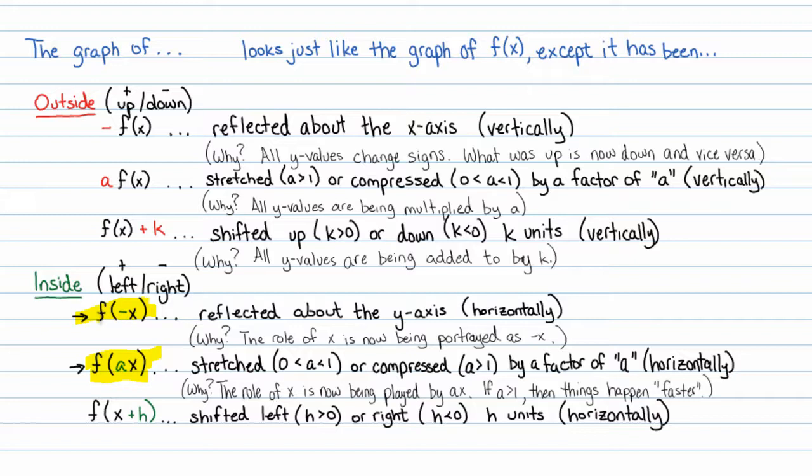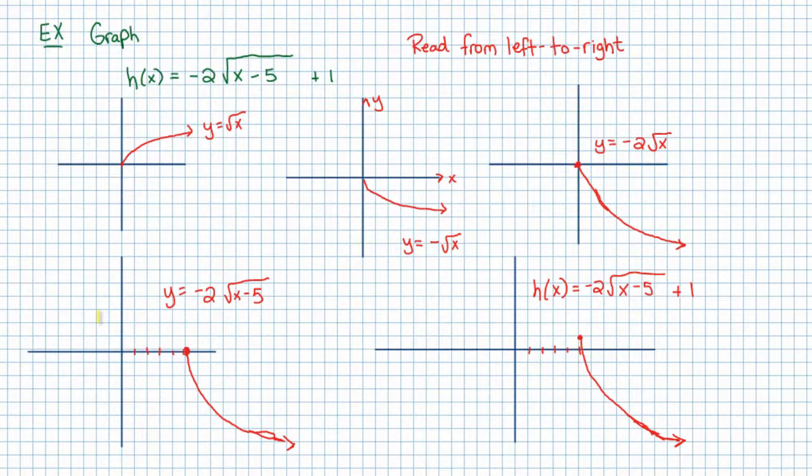When you are presented with a problem, read it from left to right, like I said in this example with my McDonald's colors right here. So you read it from left to right, and you perform those transformations from left to right. What you should practice doing is reading out loud what's happening to the original base function.